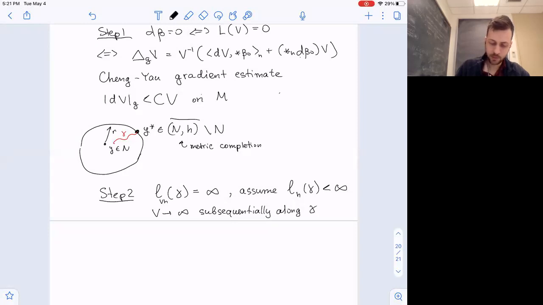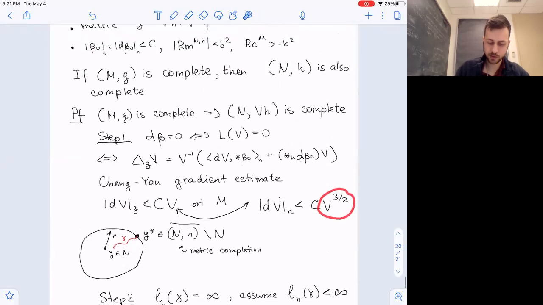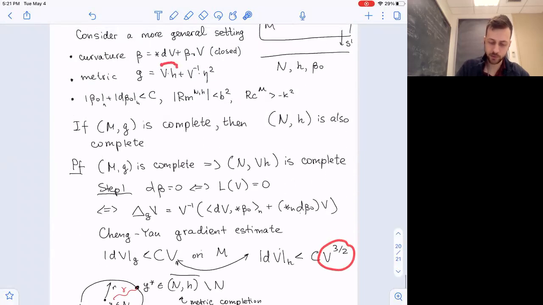But on the other hand, you have a gradient estimate on V, which you can rewrite in terms of H as: the gradient of V with respect to H is less than V to the power 3/2. There is a different power exactly because you have this conformal factor V for the base metric here.